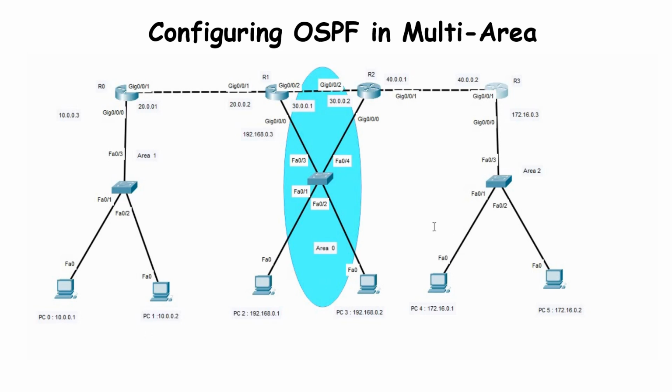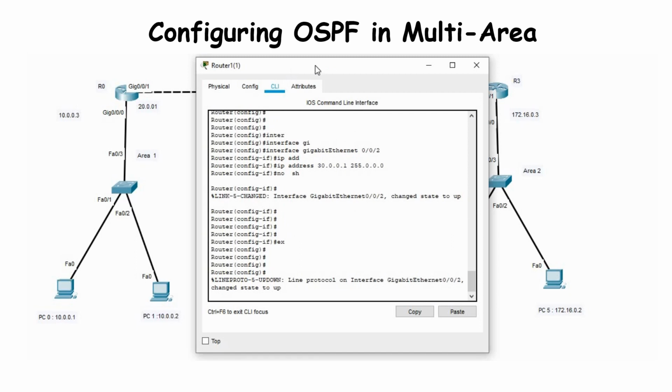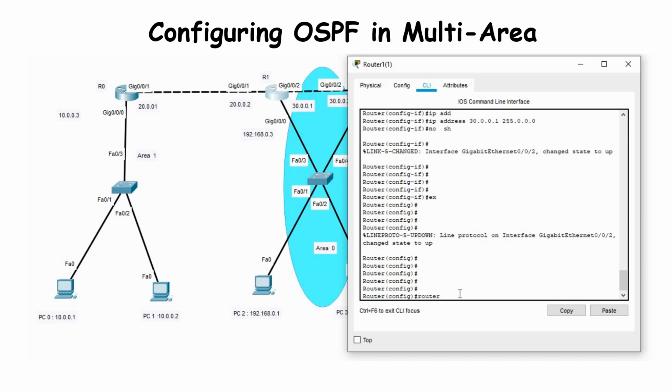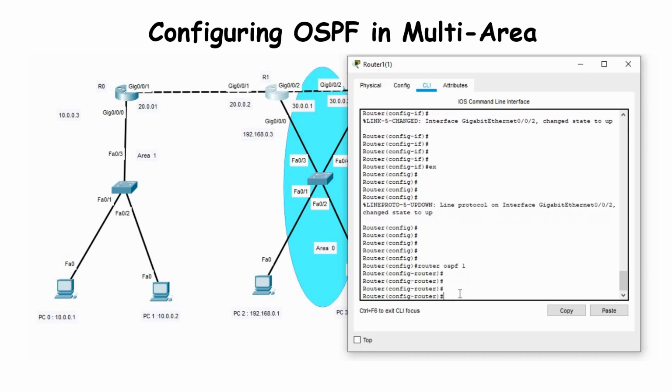Now we will configure router R1. R1 is an area border router. It has one interface in area 1 and the other interface in area 0. So we'll go ahead and configure router R1. Router OSPF 1, network 20.0.0.0 with the default wildcard mask, and this is in area 1. The interface gigabit 0/0/1 of router R1 is in area 1.